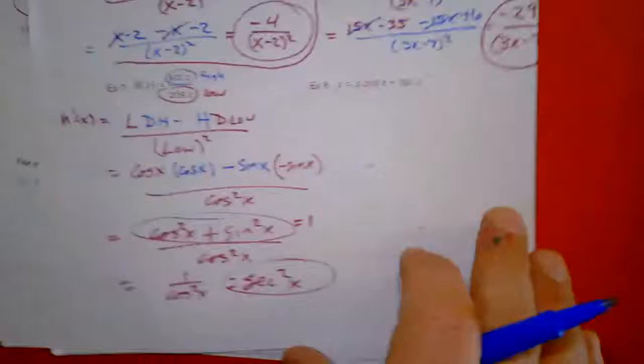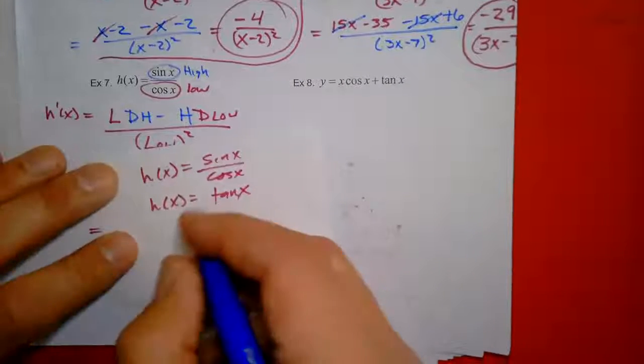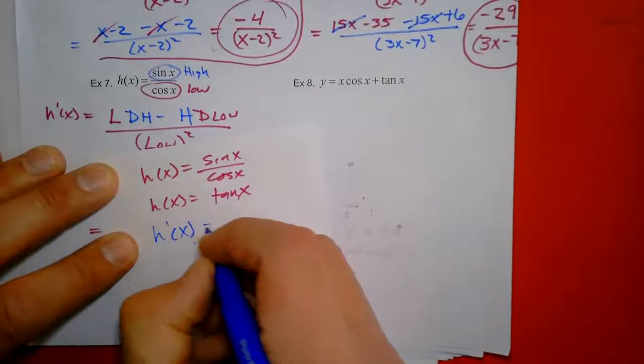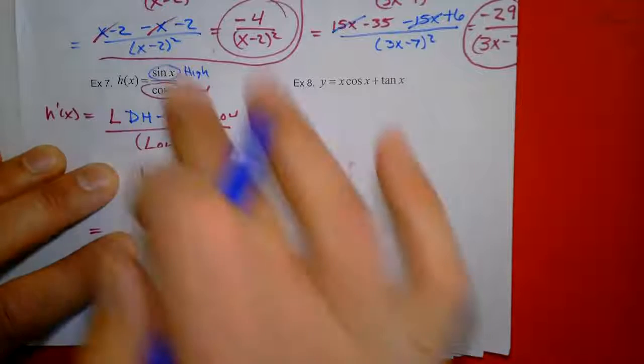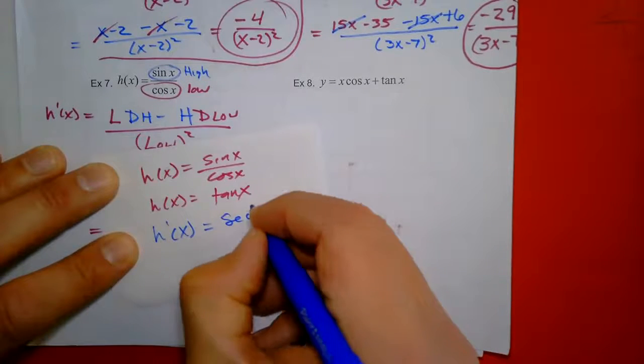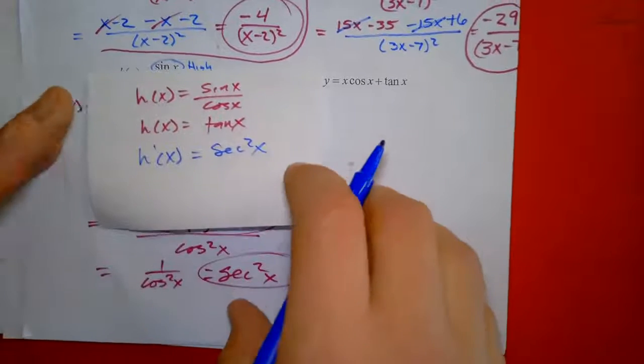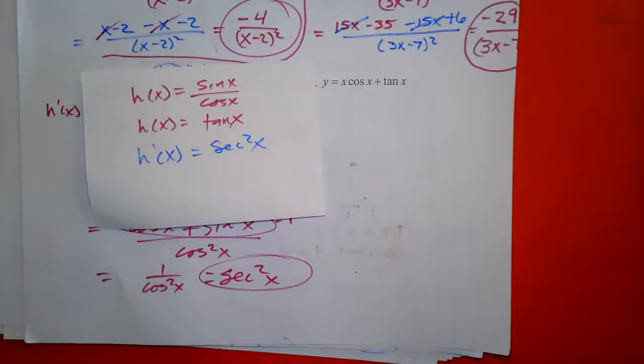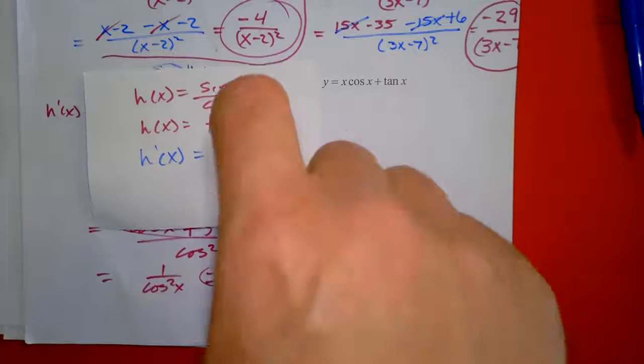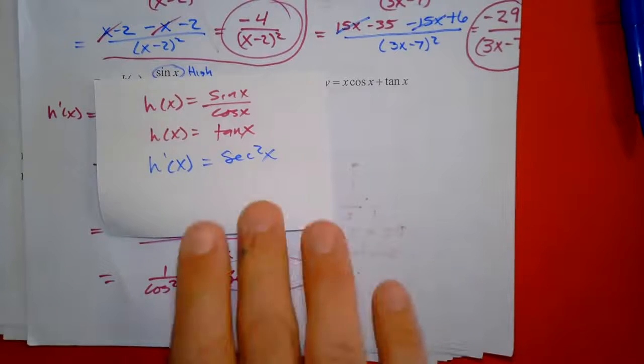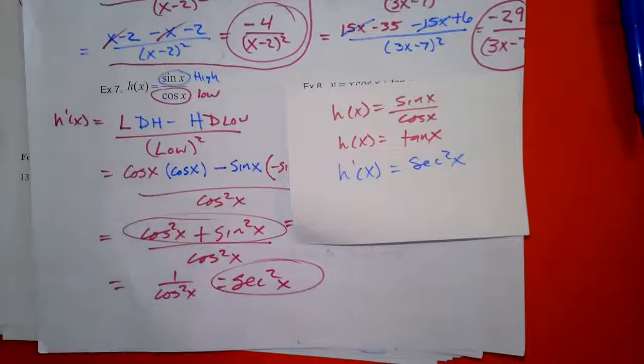So if you do have some trig functions and you can simplify what they're giving you, you can use those trig derivatives I just gave you to make your life a little easier, instead of going through all of the low d high minus high d low over low squared.